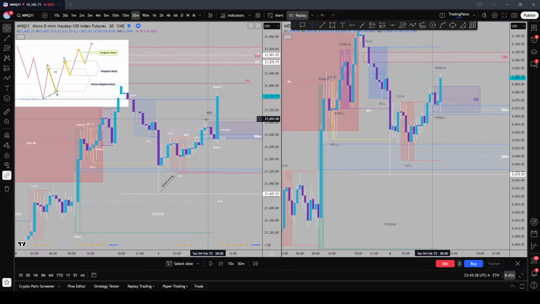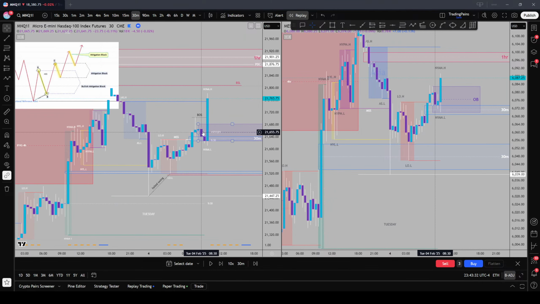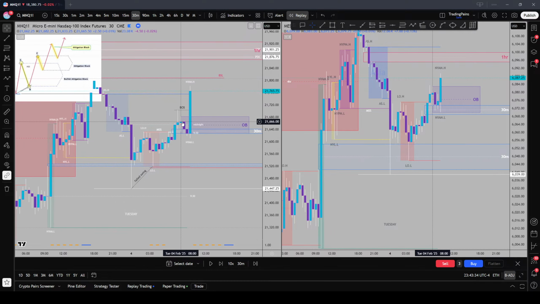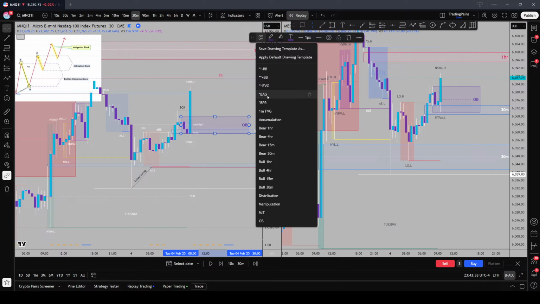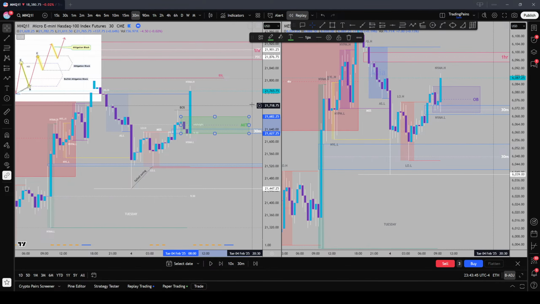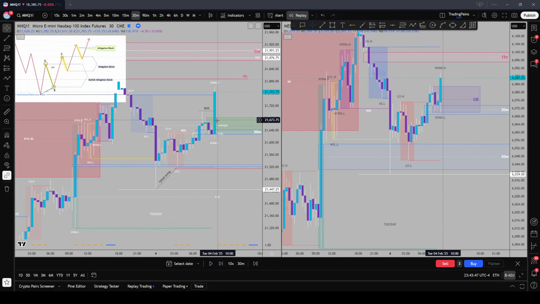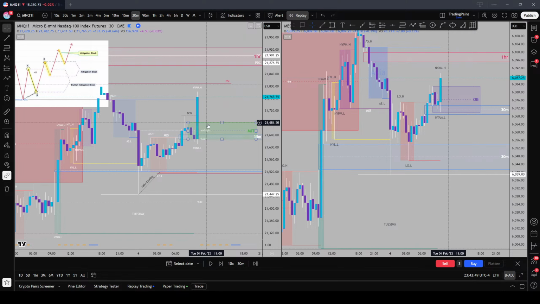Alright, so up, down, right here. This is a mitigation block. Oh. Did I not make one? There we go, mitigation. Alright, so this is mitigation. And so to enter this trade, I want it to come back down here.